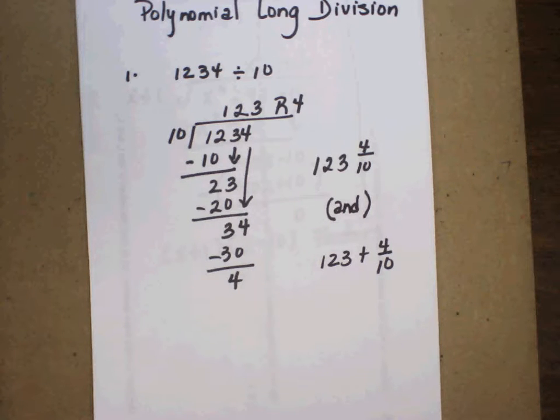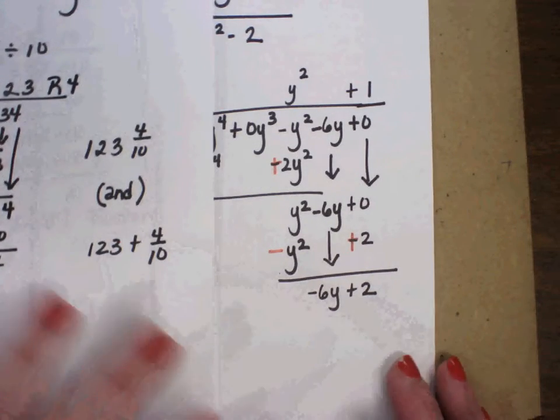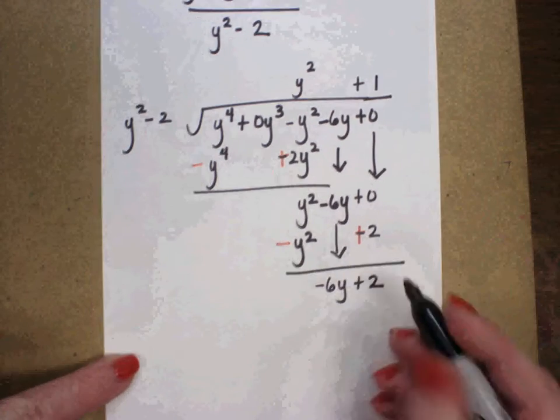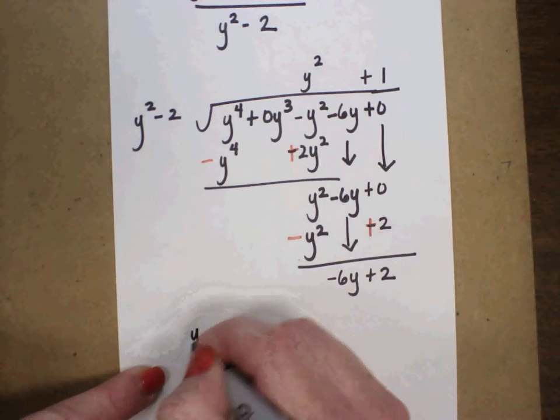Alright, so let's go back to our problem and see how we write it. But we're going to take this as our key. My first factor is y squared minus 2, right? What's my second factor?